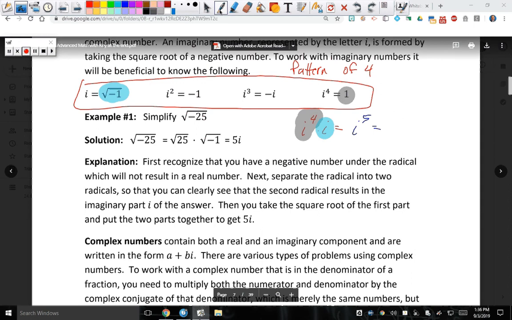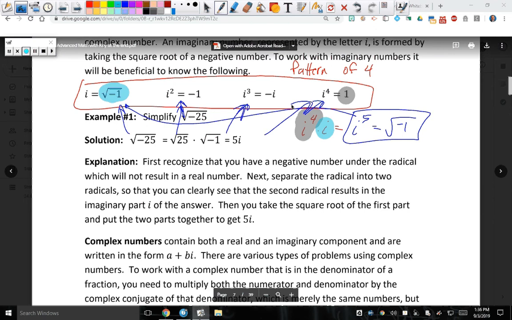So what happens on 5 is it repeats back to what it was at 1. At 6, it would be here. At 7, at 8. 9, 10, 11, 12. Patterns of 4. Are you with me? So you tell me, what would I to the 97th power be?